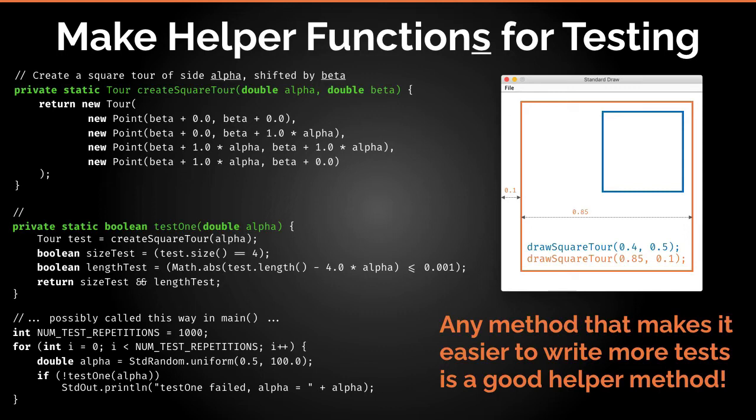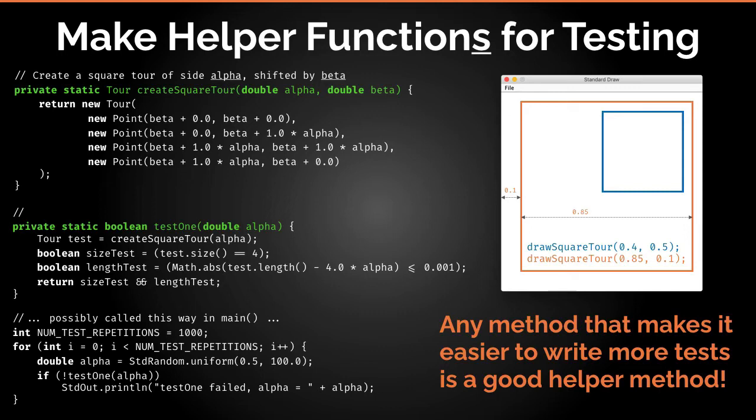So how do I do this here? Well, in this example, I created a helper function, createSquareTour, that just allowed me to create a bunch of squares of different sizes, differently shifted around the setting. So I created this method, createSquareTour, that takes a parameter alpha, that's going to be the size of the square, and a parameter beta, that's going to be how shifted it is to the edge.